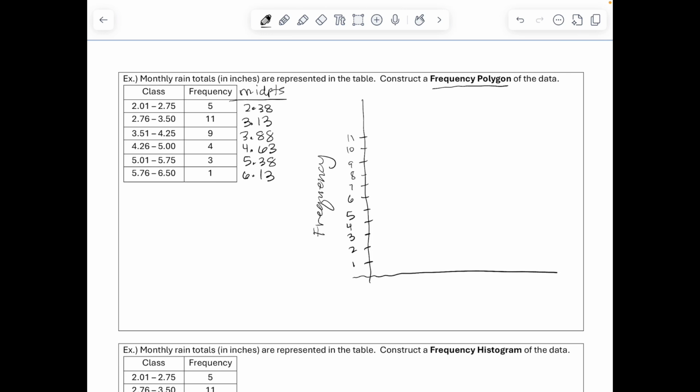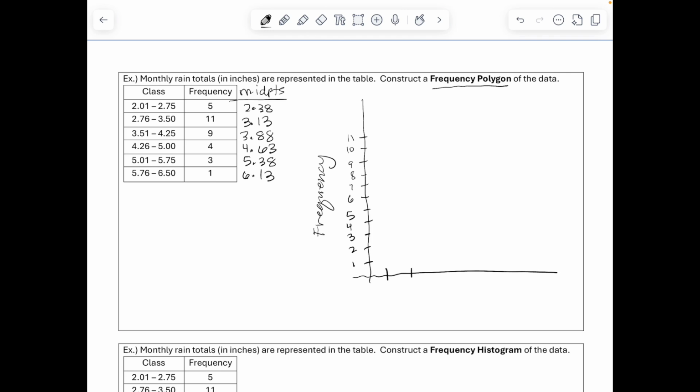And then on the horizontal axes, we need to put down our midpoints. There's a little catch here. So the first thing is we're going to just put a dash first. We'll fill that number in a moment. And then I'm going to put down the other remaining midpoints.